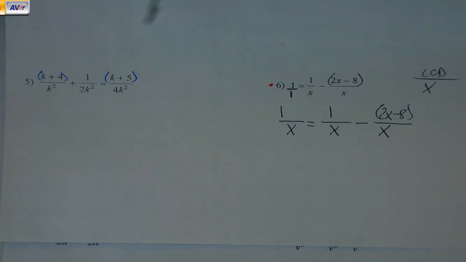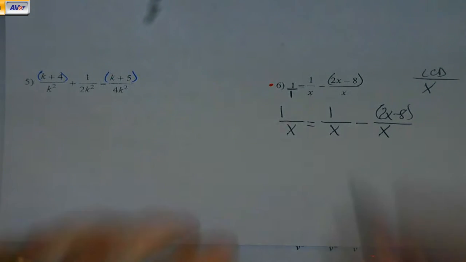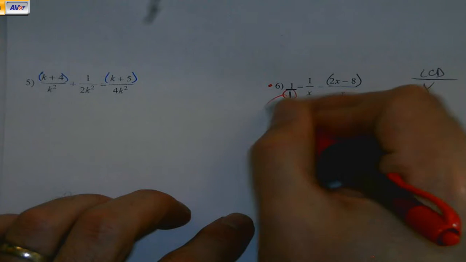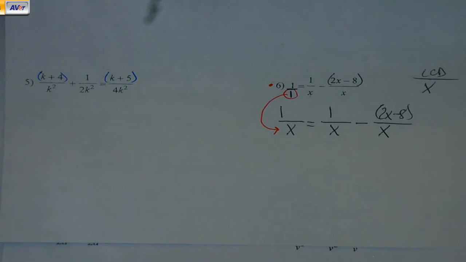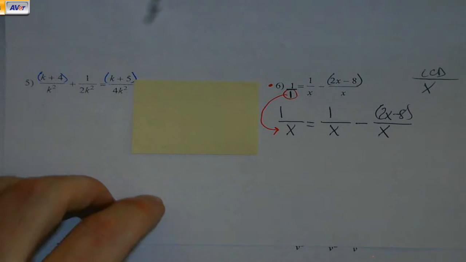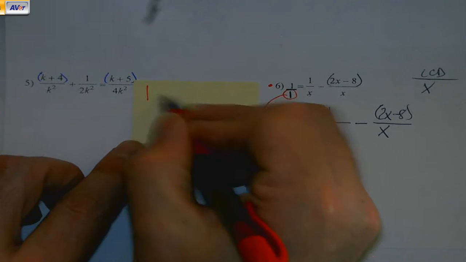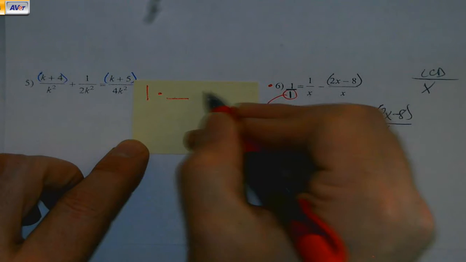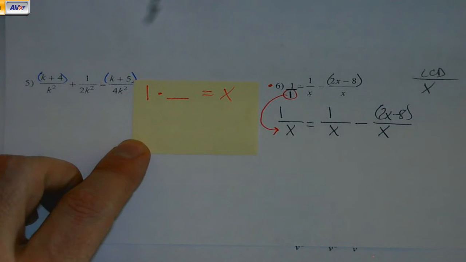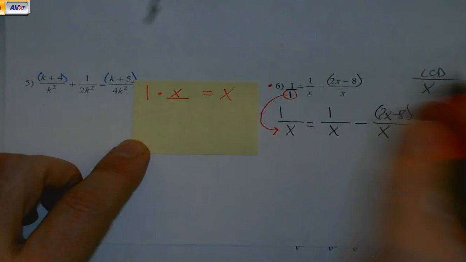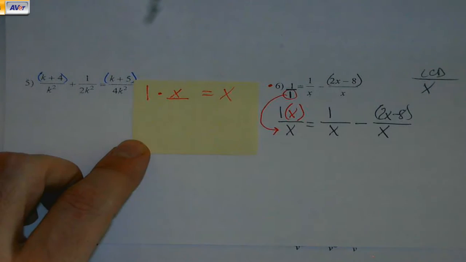So when I start to build here, and again, if you're visual, having a piece of scratch paper, there is nothing wrong with that. I got 1 to start with. I got to times it by something to get to x. Well, that's pretty straightforward, x. So I'll get that in there.